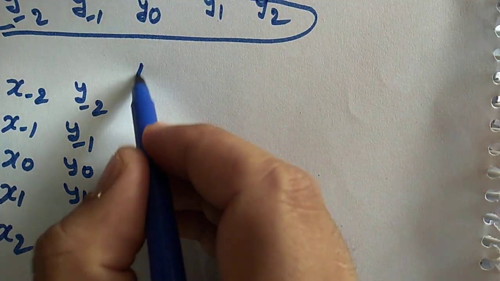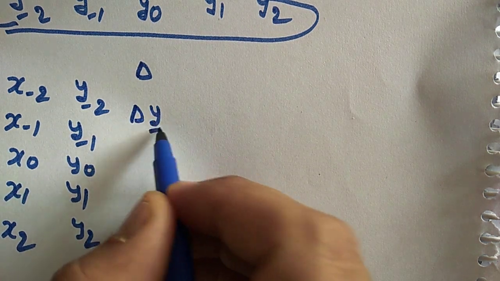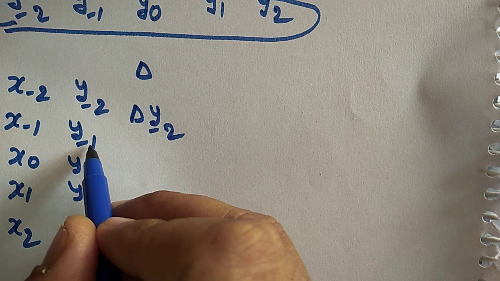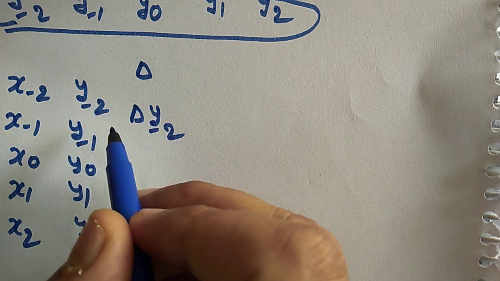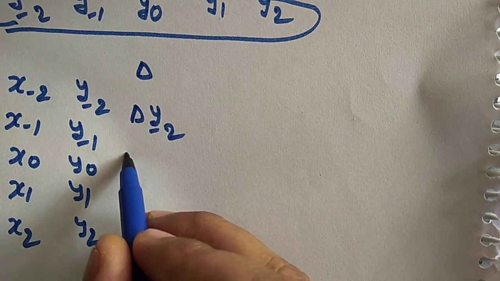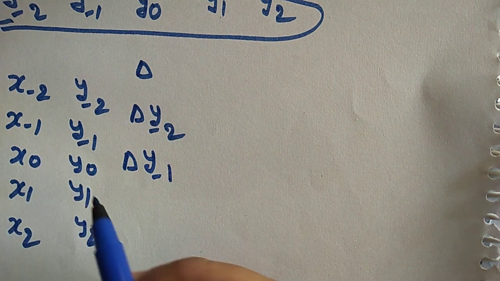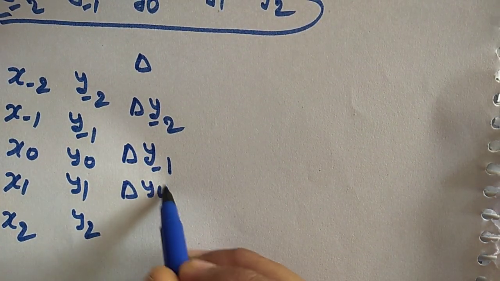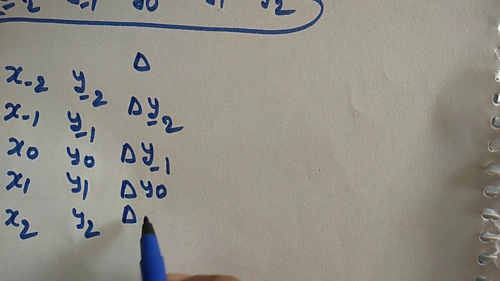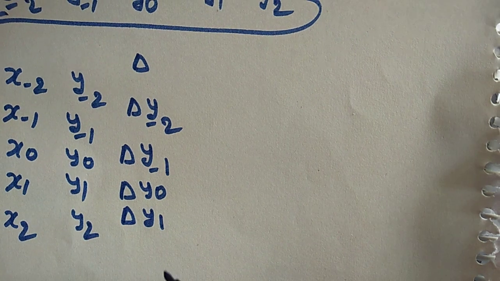The first column will be delta of y minus 2, equal to y minus 1 minus y minus 2, like forward difference. And here delta y minus 1 equals y0 minus y minus 1. Then delta y0 means y1 minus y0, and delta y1 will be y2 minus y1.